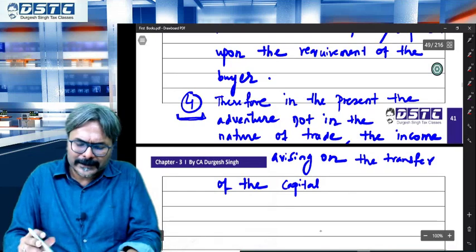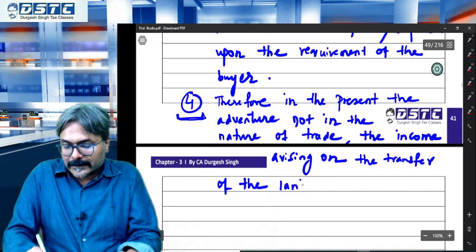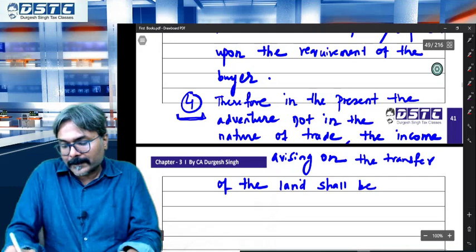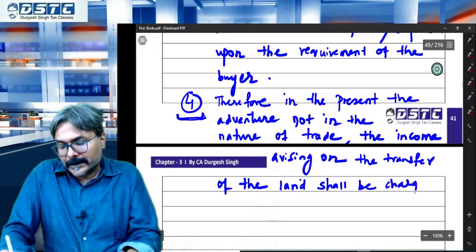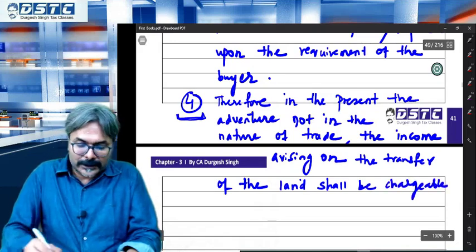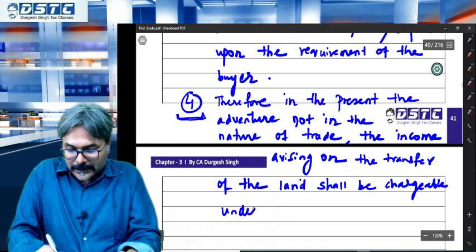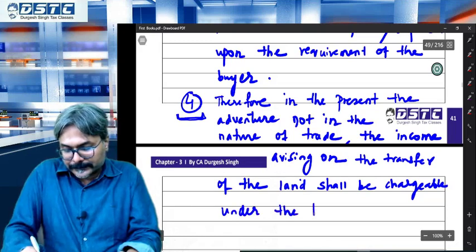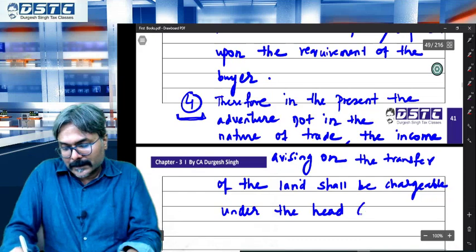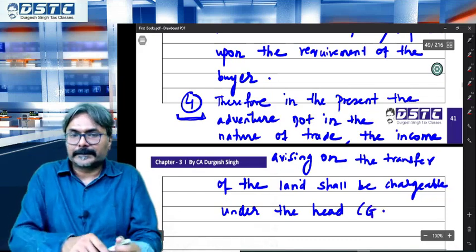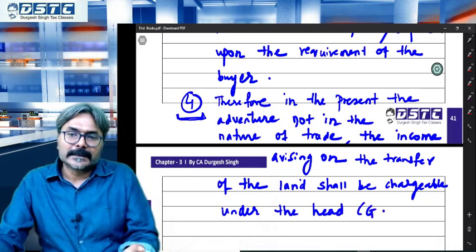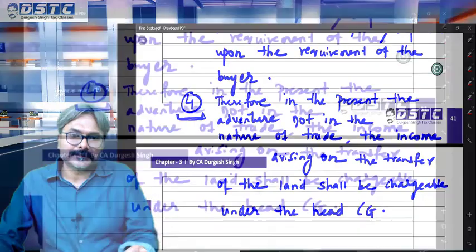We can just write land instead. Arising on the transfer of the land shall be chargeable under the head capital gains. So copy this down quickly, students.